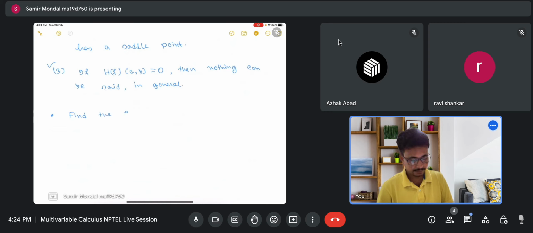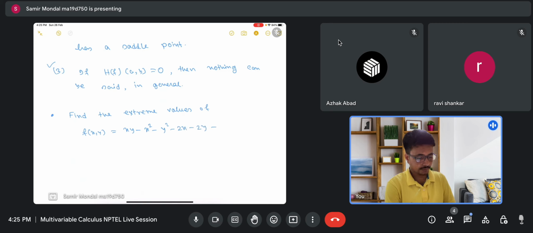Find the extreme value of f of x, y given by xy minus x squared minus y squared minus 2x minus 2y plus 4.